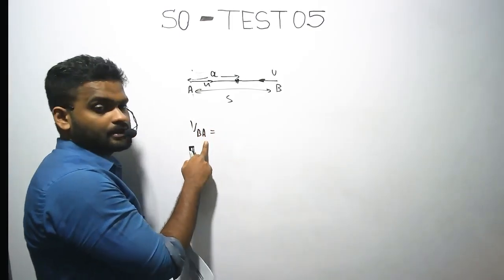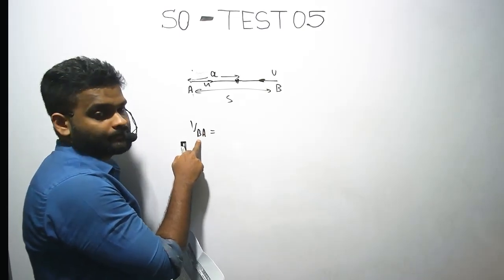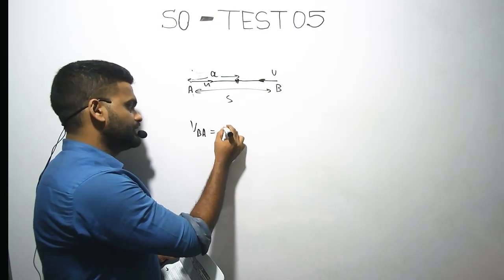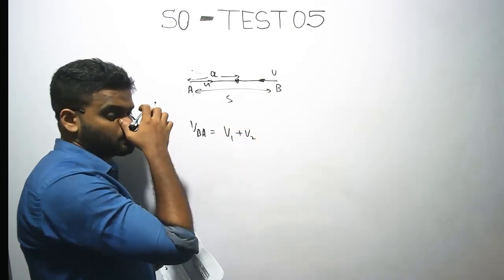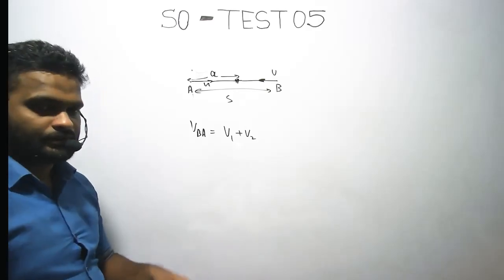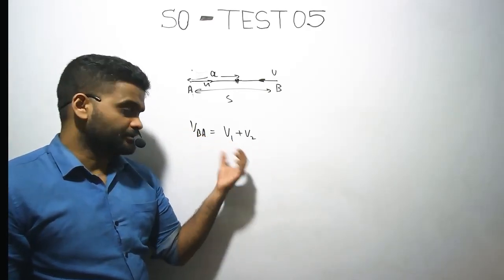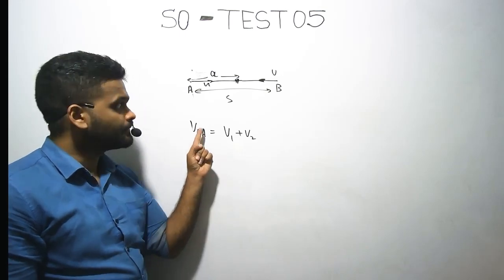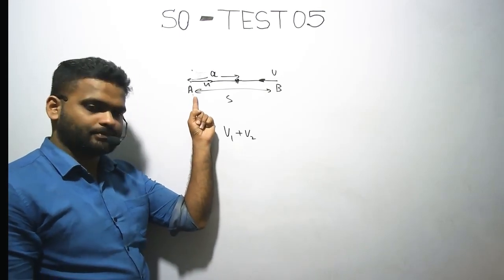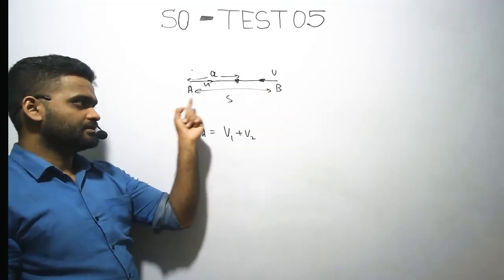First find the relative velocity. Here I am taking relative to the velocity of B. Obviously the magnitude of the relative velocity should be V1 plus V2. Direction is not necessary here, but I'll explain how to get it. We know that A is stopped, so B has to move to this side.